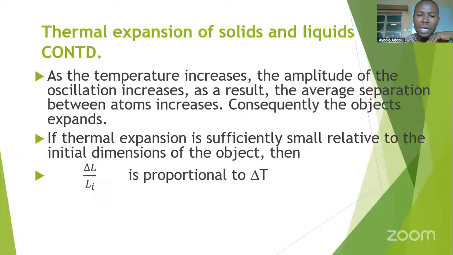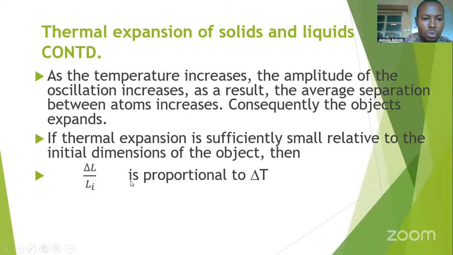If thermal expansion is sufficiently small relative to the initial dimension of the object, then this relation will hold. That is, if the expansion is not too much, if you do not supply too much energy that can cause bond breaking.